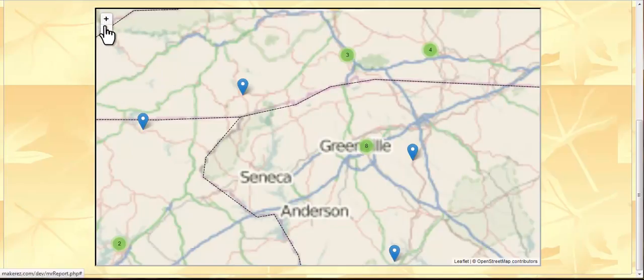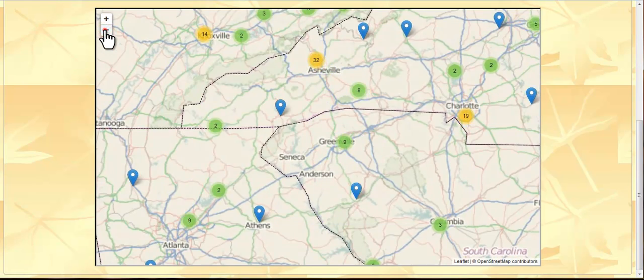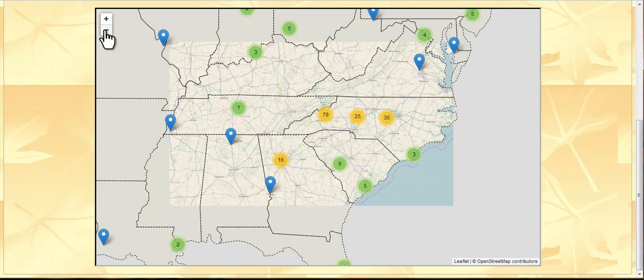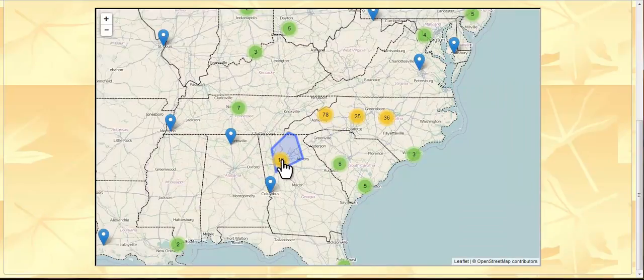And if I zoom out, I can get more information on a state-by-state basis. So you've got 16 people coming from the Atlanta area. You've got somebody coming from, looks maybe like Charlottesville, Virginia. So again, you're getting a better idea of where people are coming from, and that can give you a better idea of where you should focus your marketing resources.